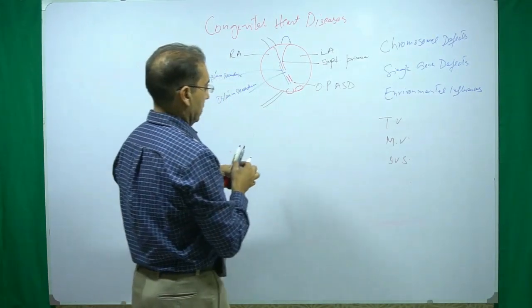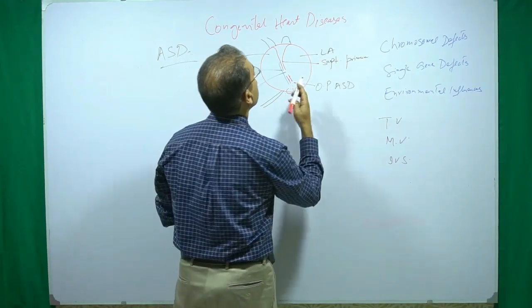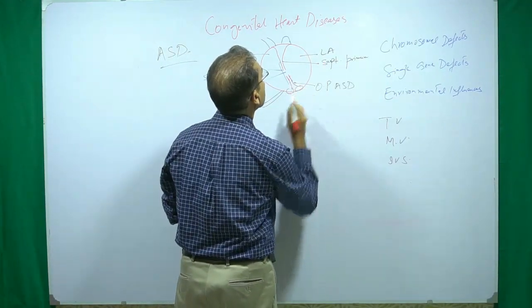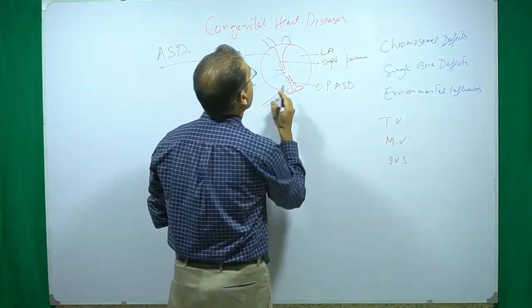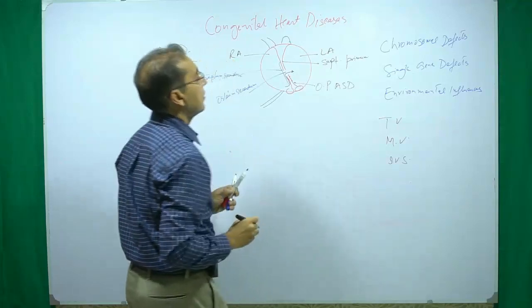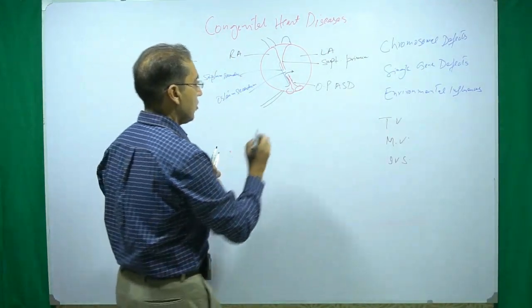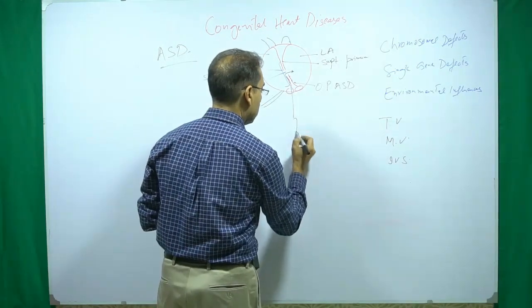Now this passage, as you see, if this ostium primum is fused, now the blood flows through this passage from the right atrium to the left atrium. This is called foramen ovale.